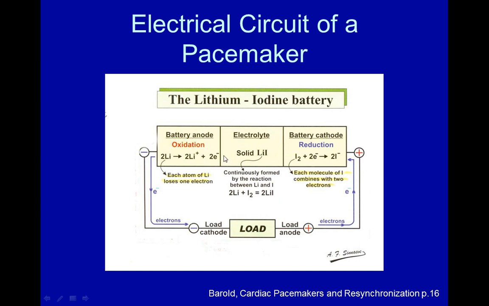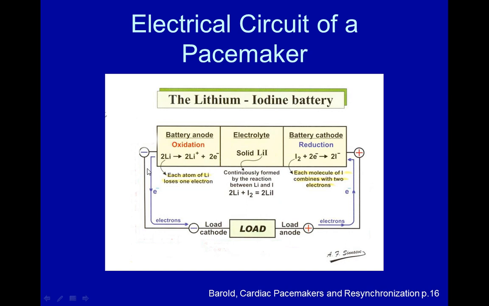Now, if you look at a battery, a typical lithium iodine pacemaker battery, the anode over here is the side where electrons are created. So the two lithium atoms are converted to lithium ions plus two free electrons.